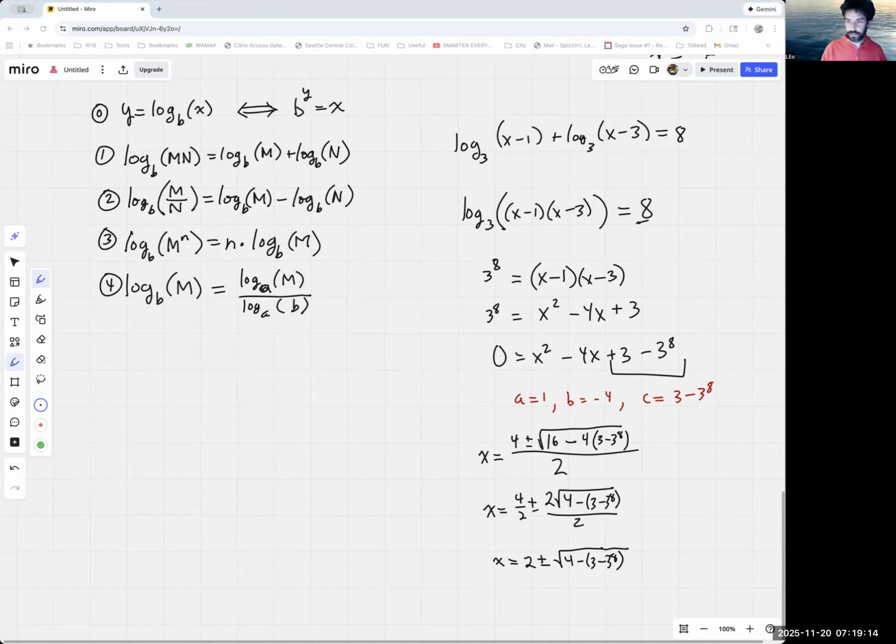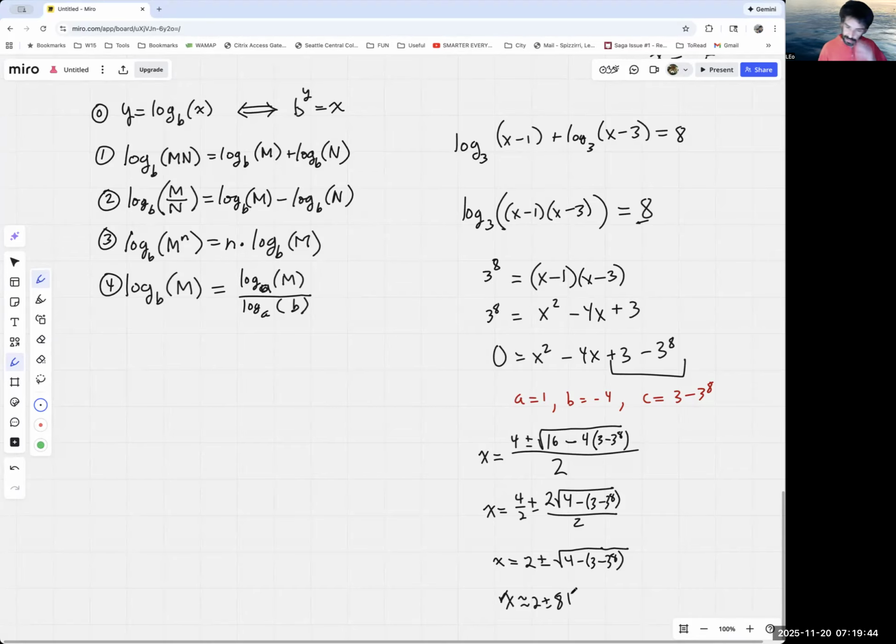So what I'm getting is, all right, 4 minus 3 plus 3 to the 8th. Put this in the square root. So if I take the square root of all that, I'm getting something that's, we'll just call it 81. It's pretty close to 81. So x is approximately 2 plus or minus 81.